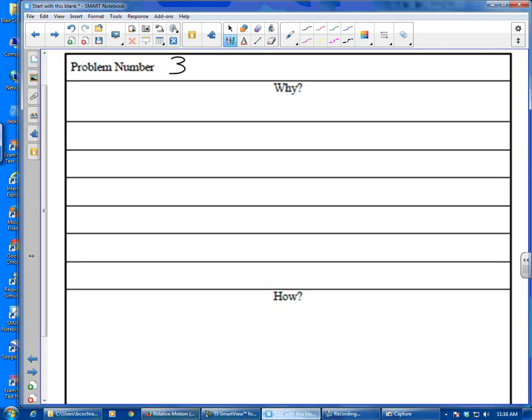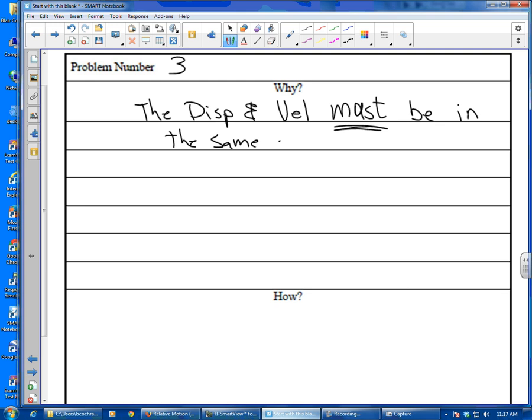One big fact that a lot of people forget: the displacement and velocity must be in the same direction. They must be in the same direction. There's no way for your displacement and your velocity not to be in the same direction. Is that it? We're really done? Wow.